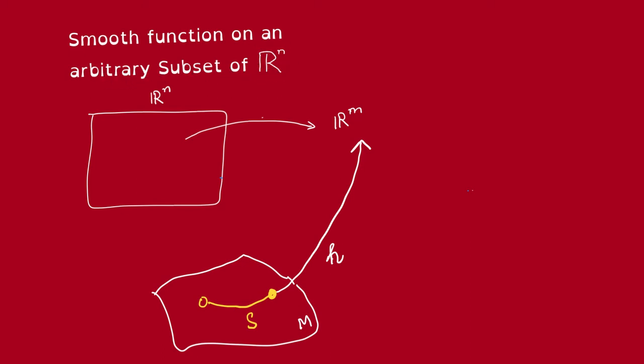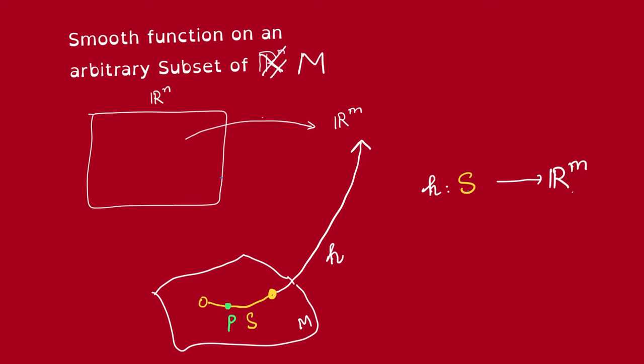Now what if we are interested in a function on an arbitrary subset of an arbitrary manifold? Let's say h is a function from an arbitrary subset S of a manifold N. What would it mean for h to be smooth at a point P of S?